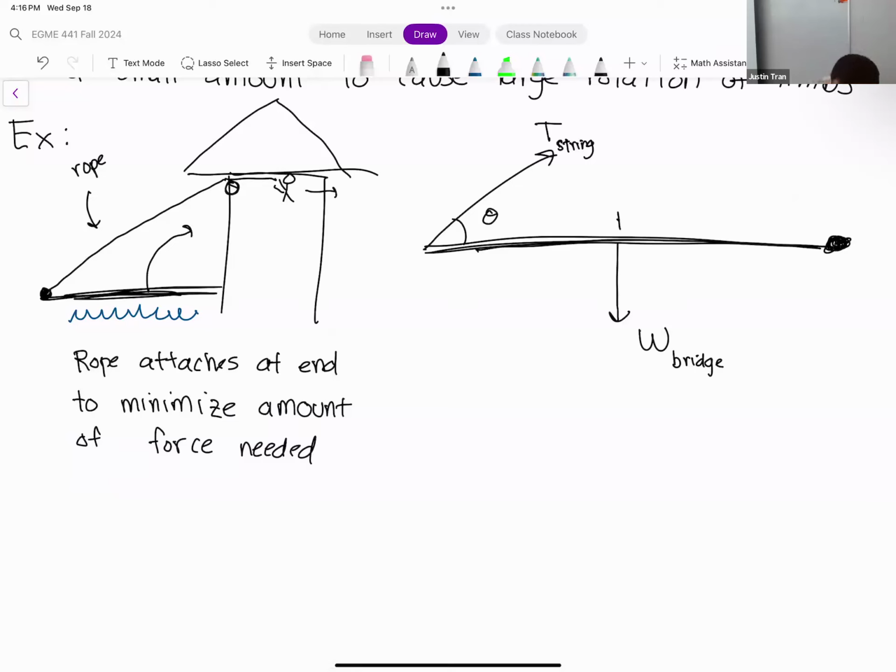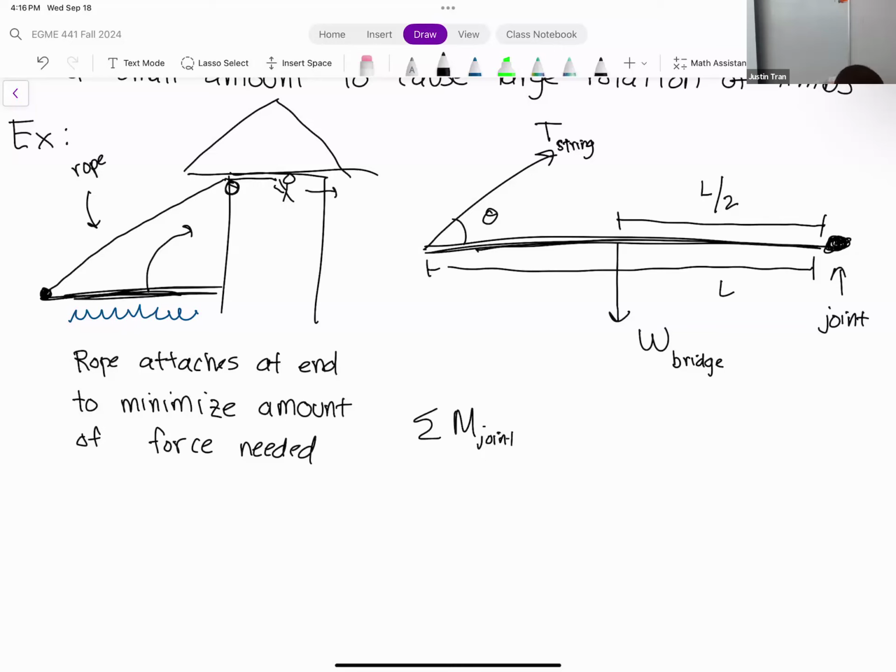Let's say that we know these lengths, so this is the length of the bridge divided by 2, and the entire length of the bridge is L. If we sum up the moments around the joint here, using the same sign convention as last time, any forces that cause a counterclockwise moment will be positive and any forces that cause a clockwise moment will be negative. So we have minus T string times L.